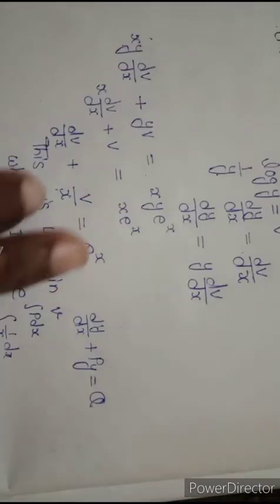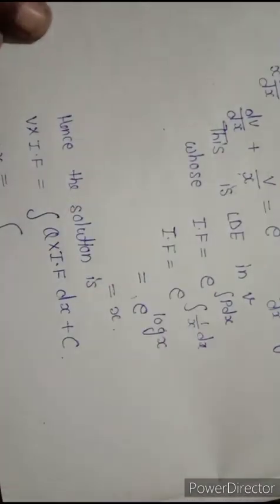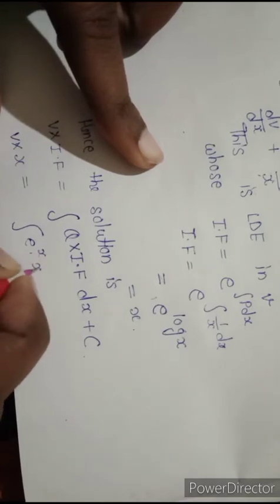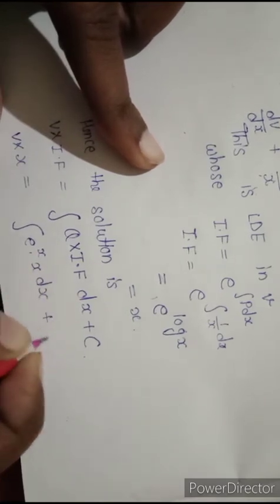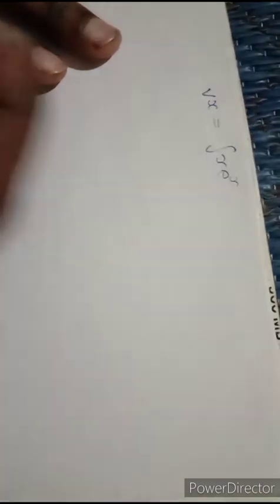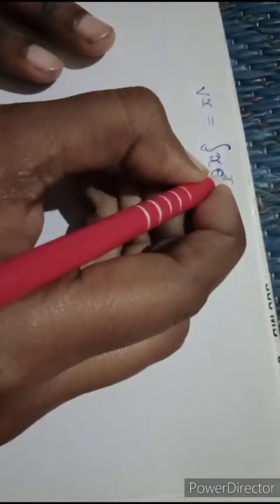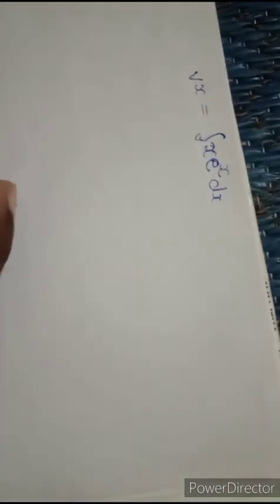That is e^x here. So we get vx = ∫ x e^x dx + c. I hope you are able to follow it.